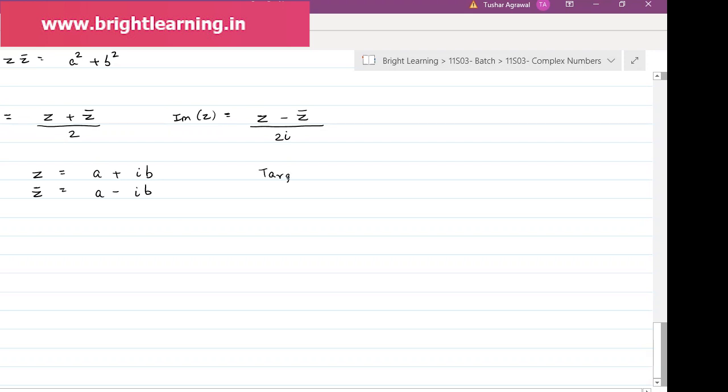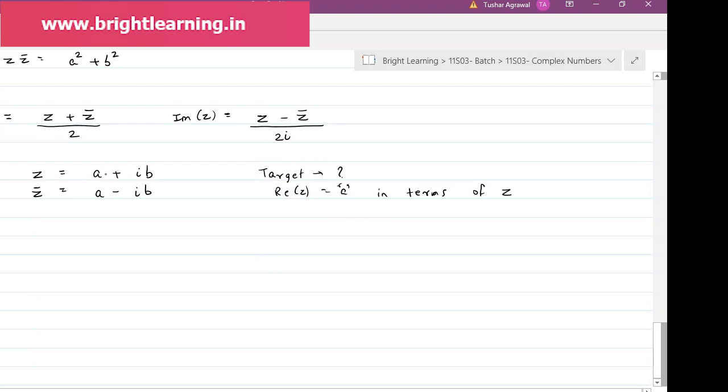My target is, can I find real part of Z, that is A, in terms of Z and Z bar only. Yes, you will know the significance of this property. You will understand with respect to questions only when you solve them. Right now you may be having doubts.